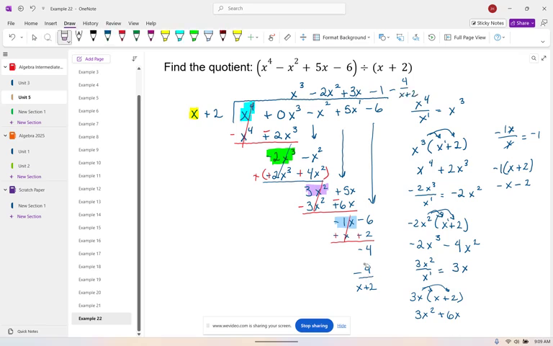And that's how I write a remainder with polynomial division. So here's my overall solution: x to the third minus 2x squared plus 3x minus 1 minus 4 over x plus 2.